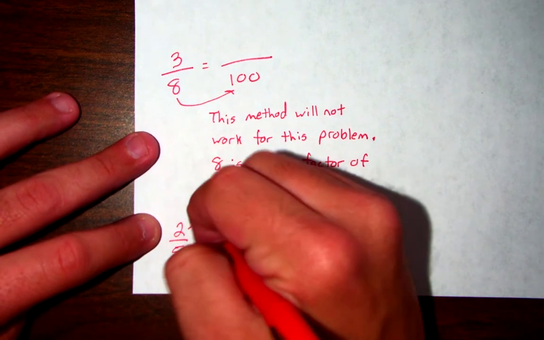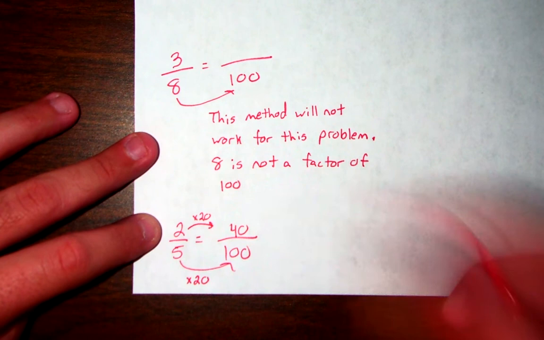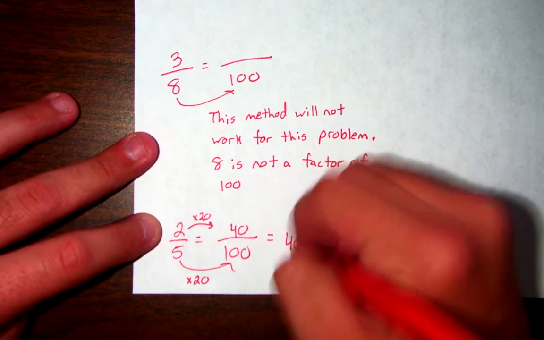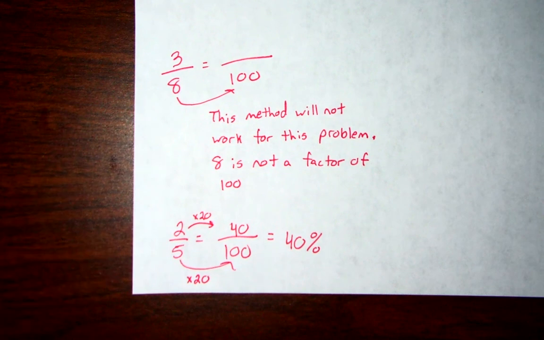So 2 times 20 is 40. 40 over 100 is 40%. Bam! We just went from percents to fractions, and then 2 different ways of going from fraction to percent.